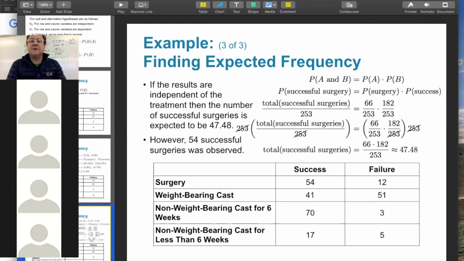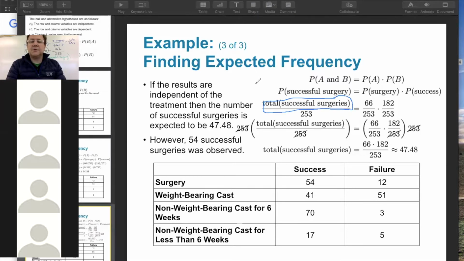If this was perfectly independent, what can I expect to be the total number of successful surgeries? My annotation isn't coming up. Oh, there it is. So this is really what I'm trying to get at, this part right here.